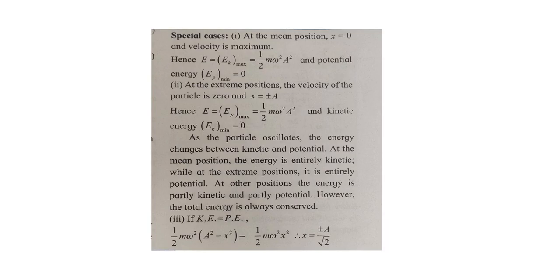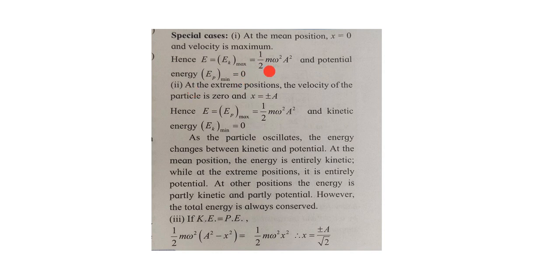So there are some special cases. At the mean position, suppose x equals to 0 and the velocity is maximum. Hence, total energy E equals to maximum kinetic energy equals to 1 by 2 m omega square a square, and potential energy we will get here minimum equals to 0.